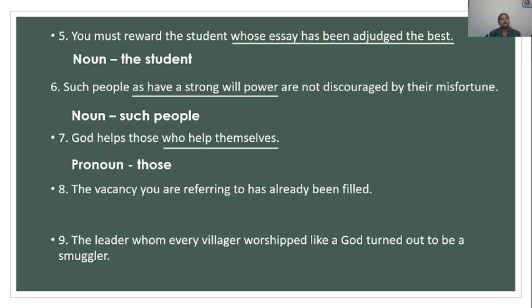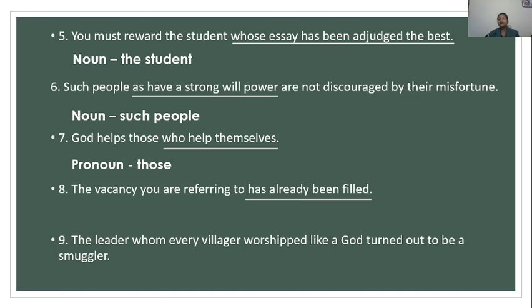Right? Now, look at the eighth sentence. The vacancy you are referring to has already been filled. The vacancy you are referring to, this is the first part, and has already been filled is my subordinate clause. The main clause is the vacancy you are referring to. So this subordinate clause is my adjective clause.